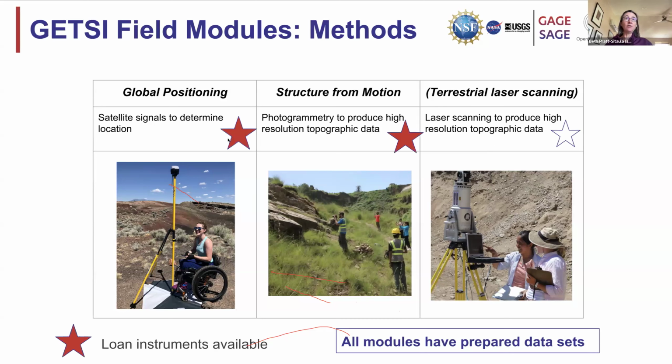And again, we have instruments and or supplies available for both the GPS surveying and the structure from motion. We do for TLS as well, the terrestrial laser scanning, but it's a bit more complex. So we don't focus on it as much.